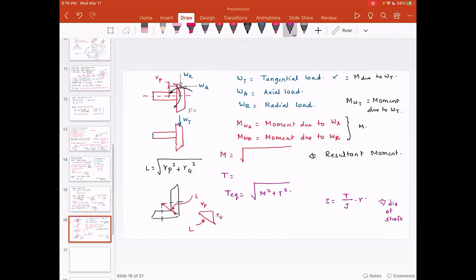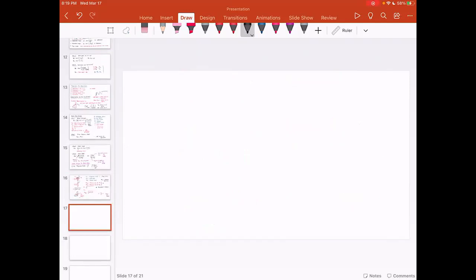So let's start with a fairly straightforward and simple problem. Design a bevel gear for power requirement P equal to 35 kilowatts, speed 1200 RPM, and the driven gear is running at 780 RPM.